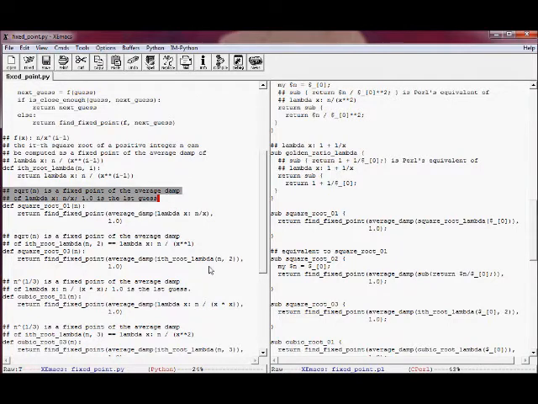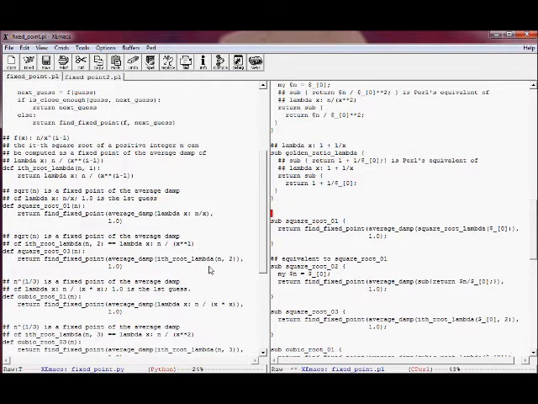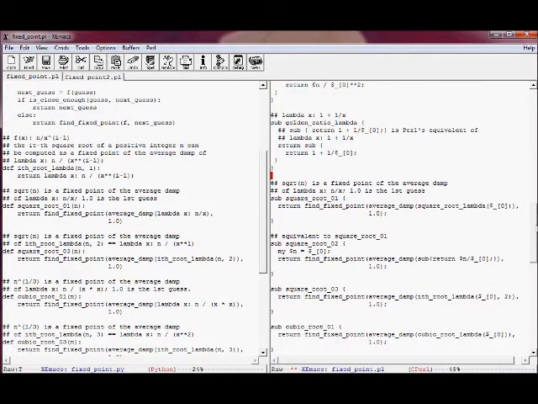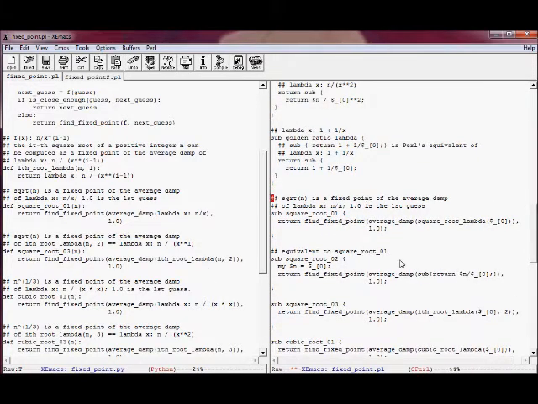The square root of n is a fixed point of the average damp of lambda x: n over x. Okay, now we can port the same thing into the Perl file.